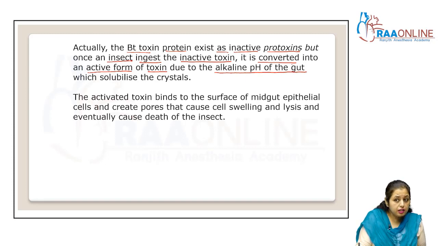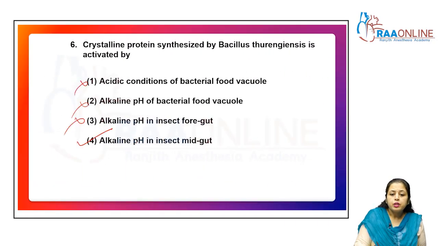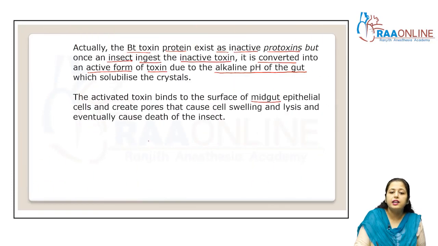Here it just uses the word gut, but in that particular portion it uses the surface of the midgut epithelial cells. So you have to learn that it is the alkaline pH in the insect's midgut. The crystalline protein synthesized by Bacillus thuringiensis is activated by the alkaline pH of the insect's midgut.